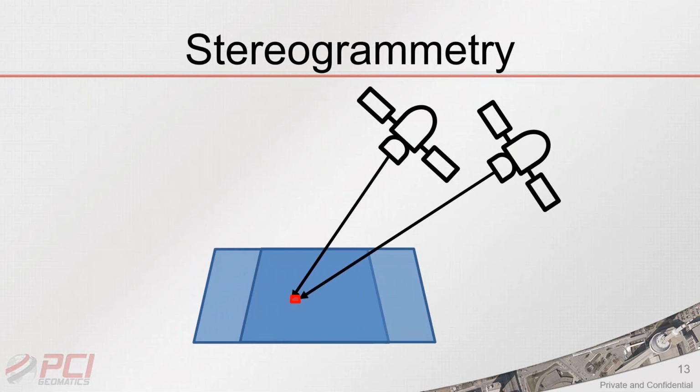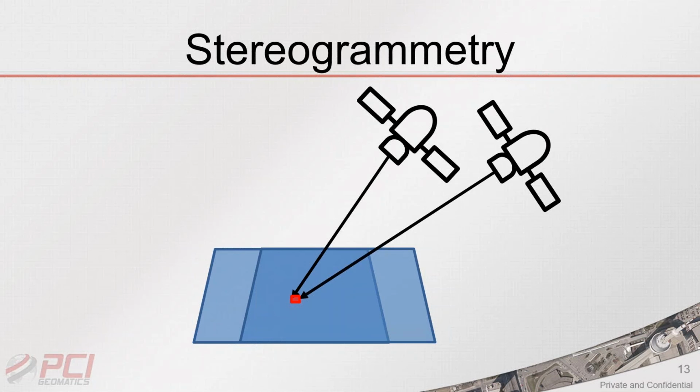So to begin, let's quickly go over the concept of stereogrammetry, which is the approach we use at PCI for DEM extraction. Now, stereogrammetry is a method of reconstructing relief from a pair of stereo images. In other words, we're extracting elevation from overlapping stereo images. To briefly explain how stereogrammetry works, here we have two sensors acquiring information over an overlapping area.